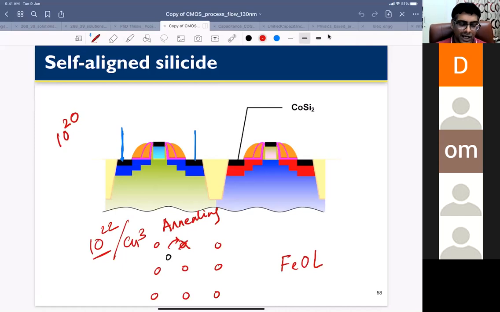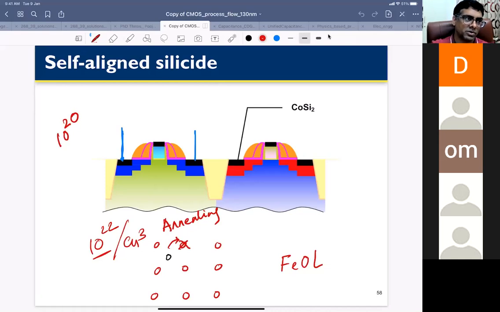So once you have this cobalt silicide, right? Cobalt silicide is used in the 130 nanometer process. If you go to the 90 nanometer or 65 nanometer process, the industry has moved from cobalt silicide to nickel silicide, and they are now talking about nickel platinum silicide, because as you move from one technology to another, your dimensions also decrease.